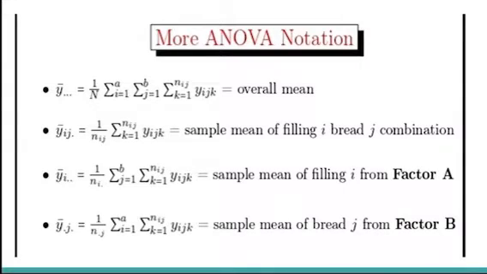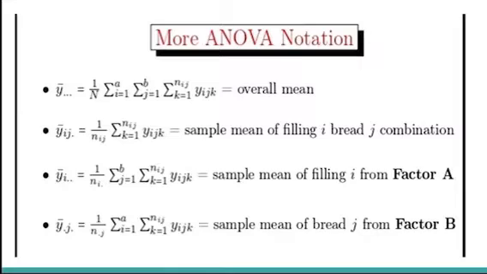And when you have 3 dots, how many summation signs? It's going to be 3 summation signs. For 2 dots, 2 summation signs. That's why you get summation, summation, summation. The first summation is adding the levels of factor A. The second summation, adding the levels of factor B. The last summation is talking about the subsamples within a particular group.